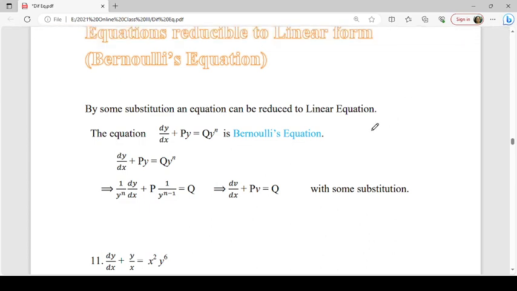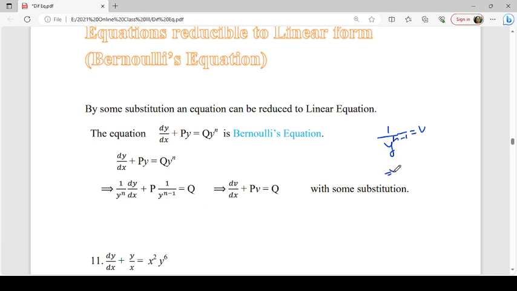So our substitution is, let 1 by y to the power n minus 1 is equal to v. Then dv dx means we are taking the derivative of this left hand side with respect to x.